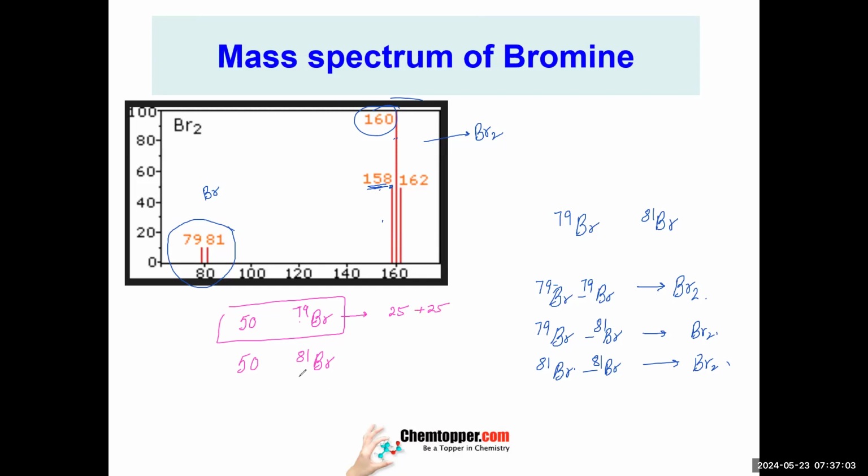And Br81 combining with Br81, 25 plus 25. But what is the probability of these two combining with each other? It's double, 50. That's why the ratio of the heights is like this. No one is going to ask this question, but that's how you can understand why this 160 is double of 158 and 162.